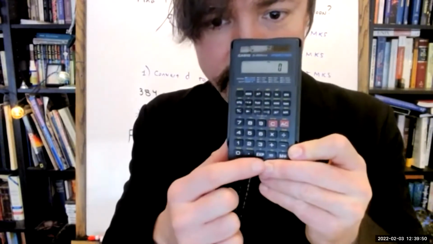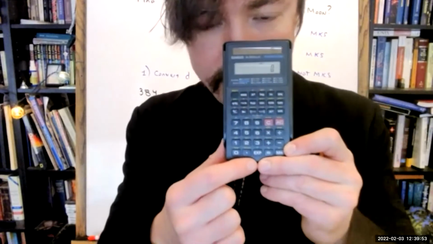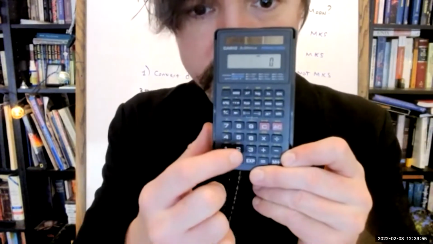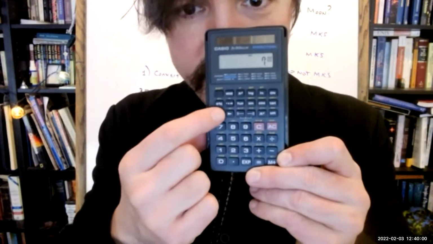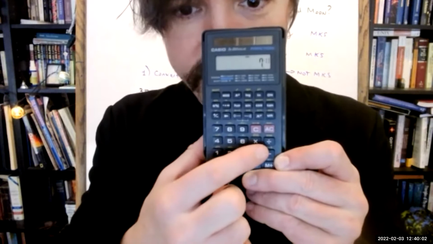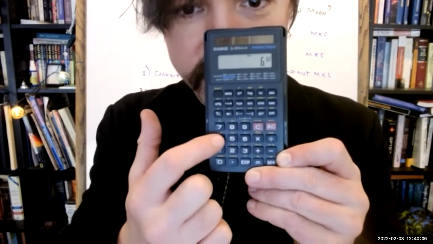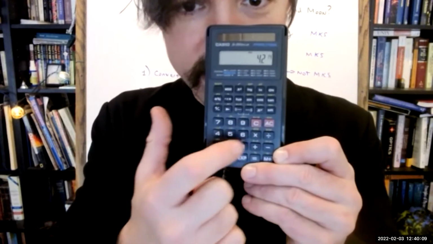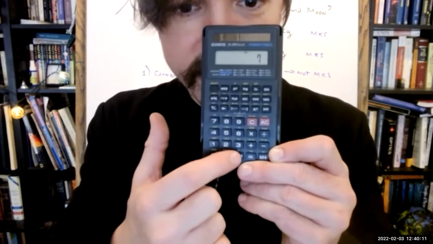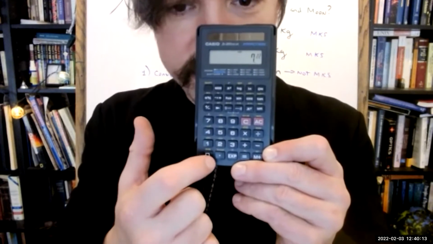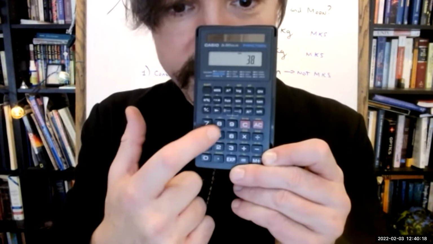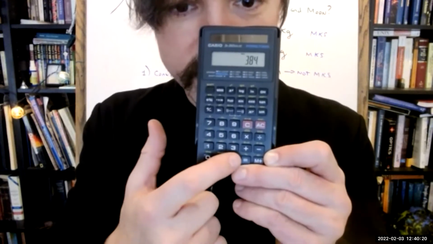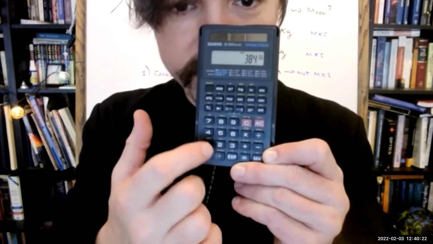So first we plug in, we're going to use EXP for times 10, right? So 7 EXP negative 11 times 6 EXP 24 times 7 EXP 22 divide by 384 EXP 6.